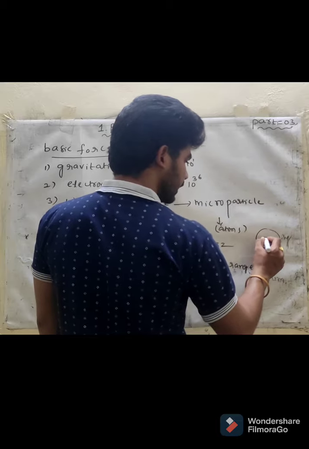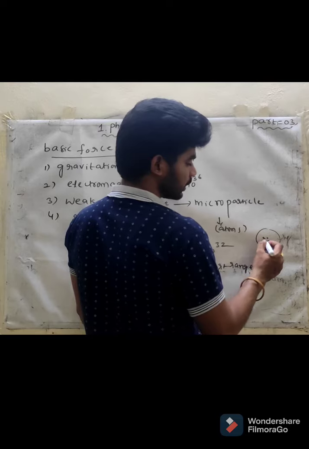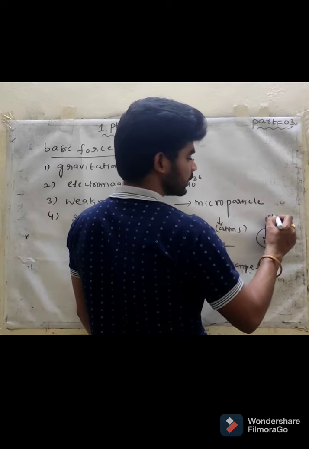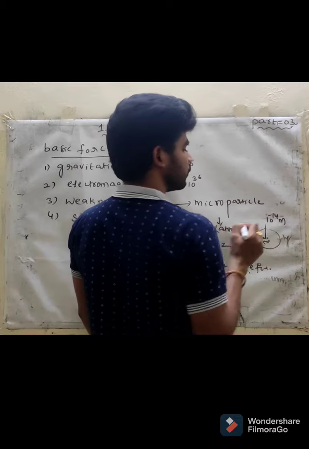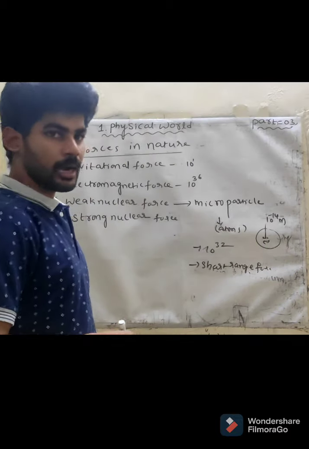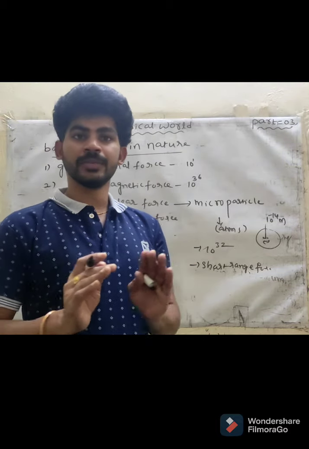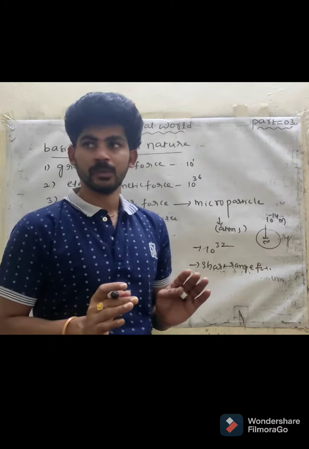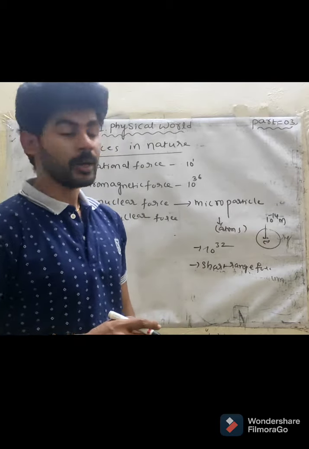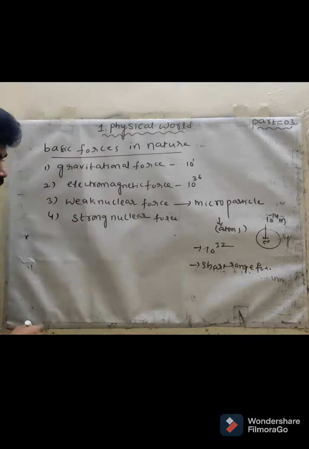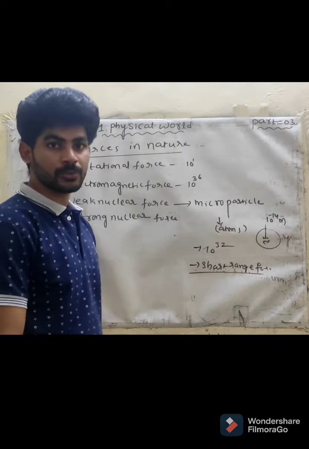This is one atom, and here only nucleus particles have it. From this nucleus to this nucleus is a very short range, up to 10 power minus 14 meters. After crossing 10 power minus 14 meters, the nuclear force is not acting. Only in the case of alpha particles is this applicable. So weak nuclear force is a short range force.